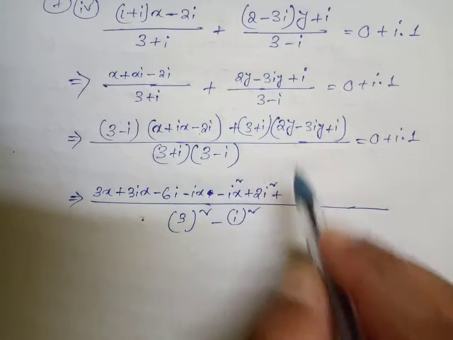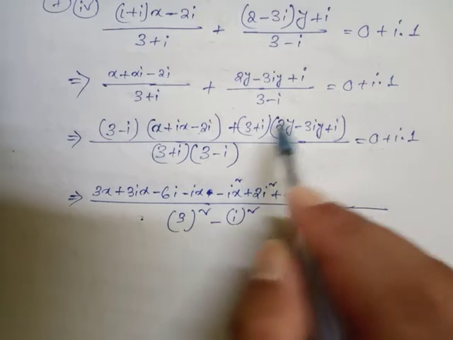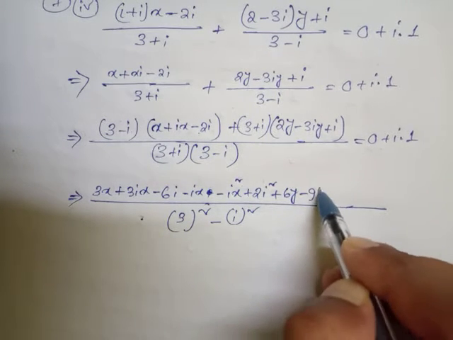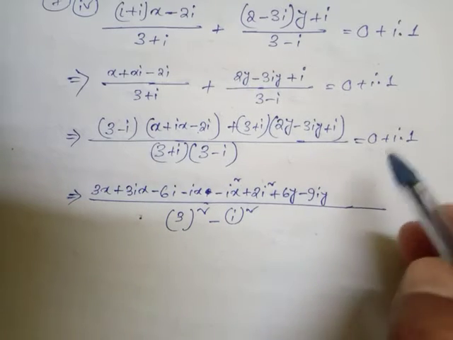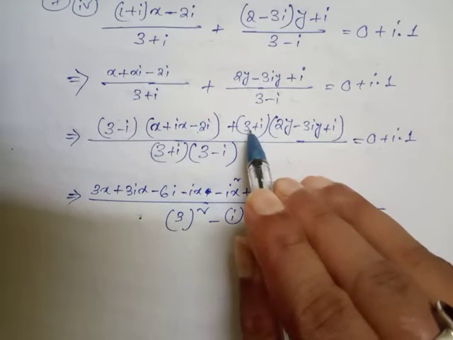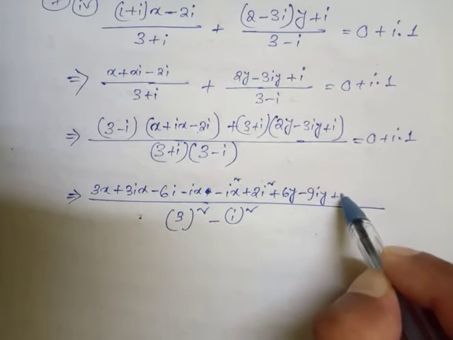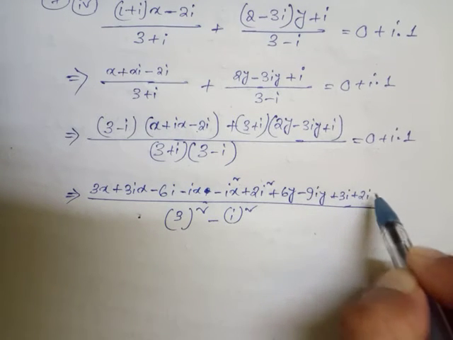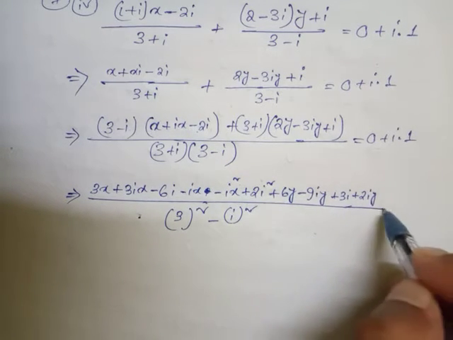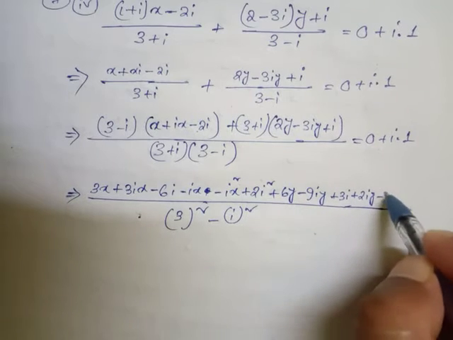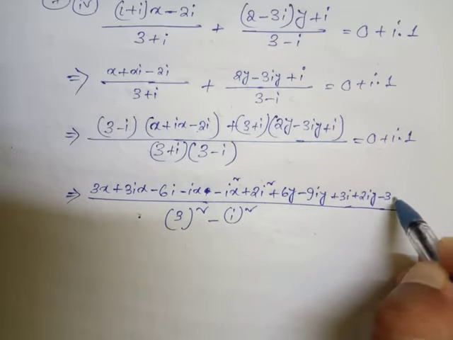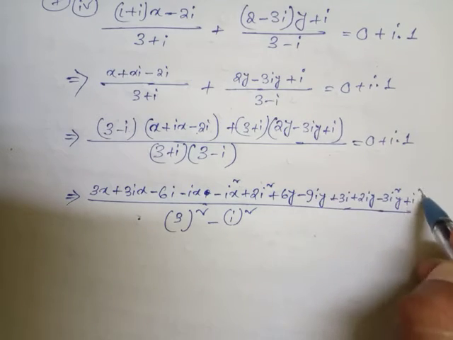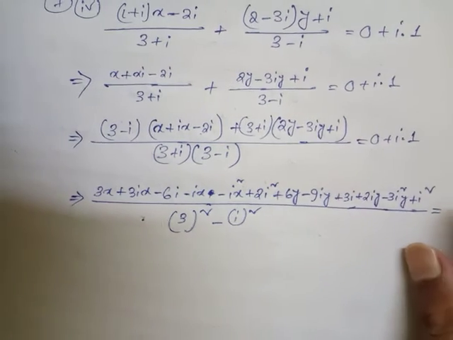3 into 6y, 3 into 3 minus 9iy, minus 9iy, and there is student plus 3i, and after that plus 2iy, and there is minus 3 i square y, and there is plus i square only, equal to 0.